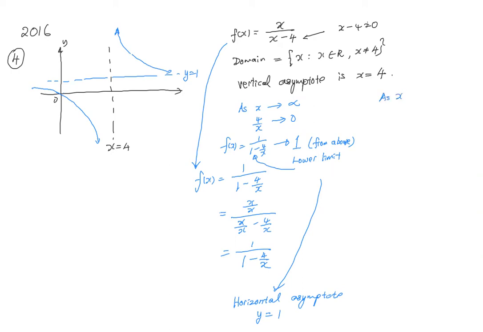As x approaches 4 from the right, we want to know what happens. As x approaches 4 from the right, that means the value of x is more than 4. Let me give you an example: x equal to 4.0001. So what do you think happens to f(x)?